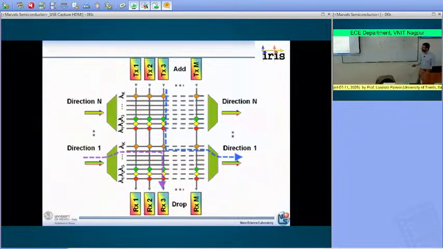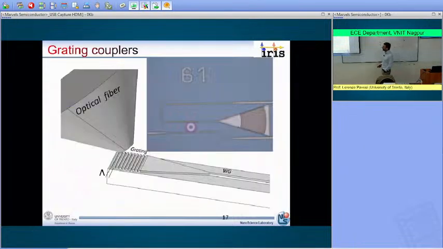So in the switch, the first component is the grating. And here is the grating coupler that we have developed. So this is simple, no? The grating coupler, can anyone guess why it has this triangular shape? I could do a grating coupler with a square. I can do something like that.